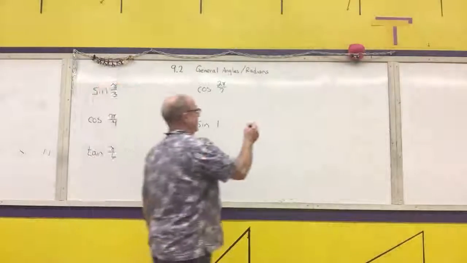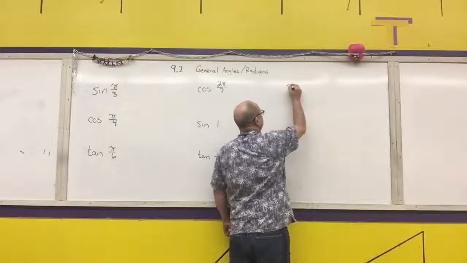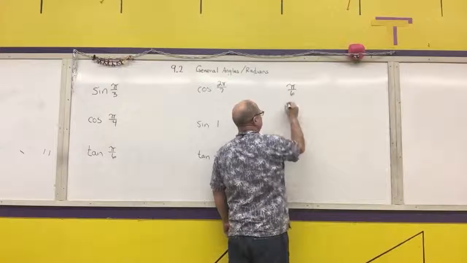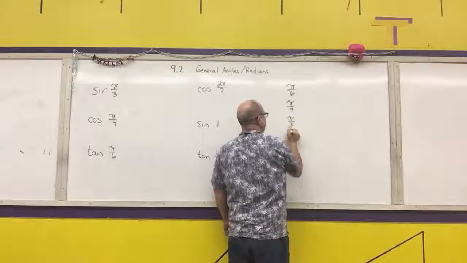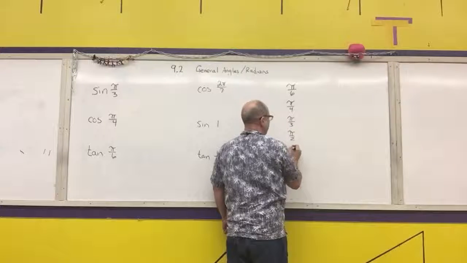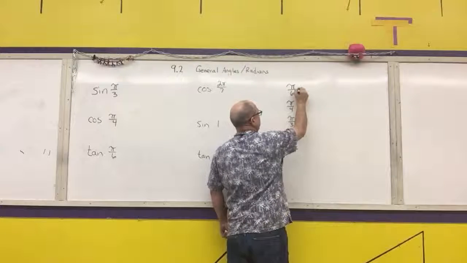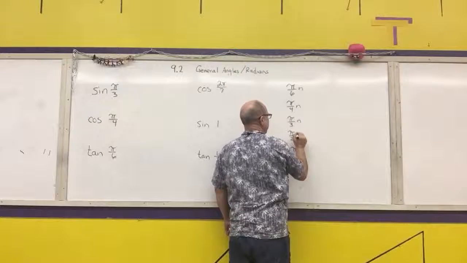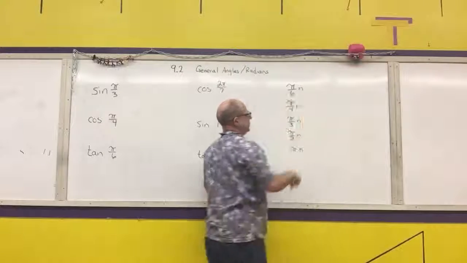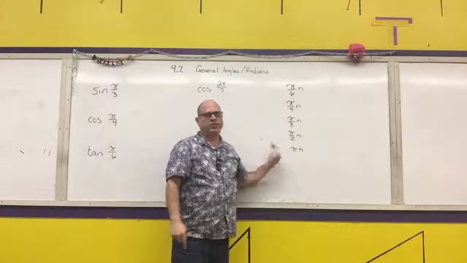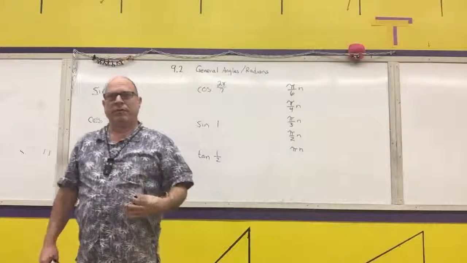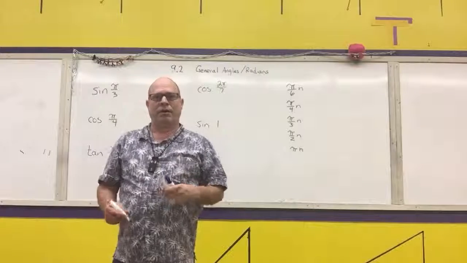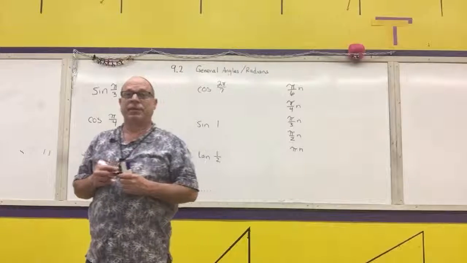So you need to have memorized the associated angle degrees for pi sixths, pi fourths, pi thirds, pi halves, and any multiple of pi. So every one of these you should be able to convert to degrees without the use of a calculator. And from there you should be able to come up with its answer for the trig function.